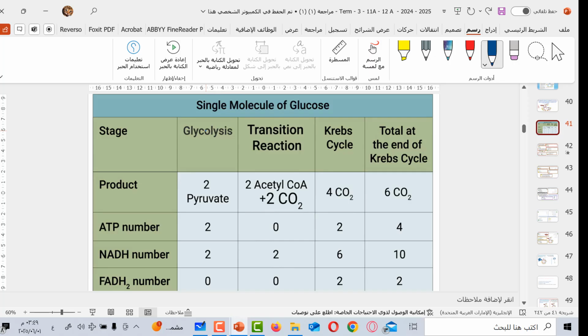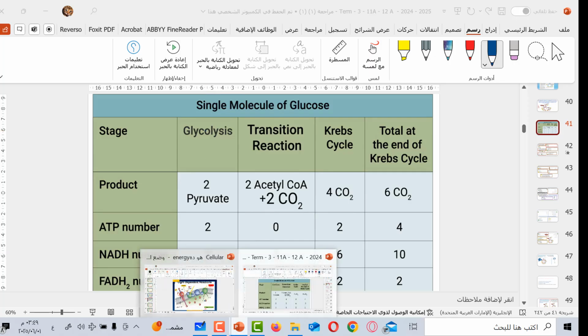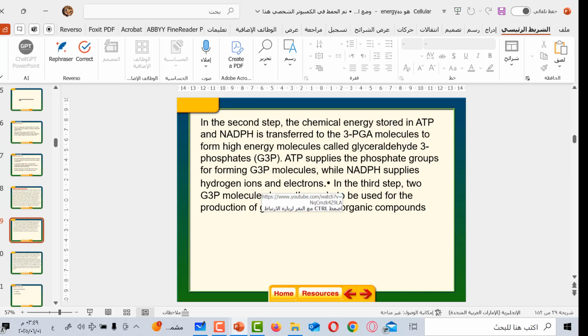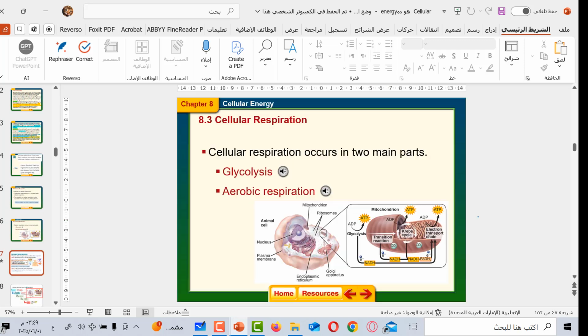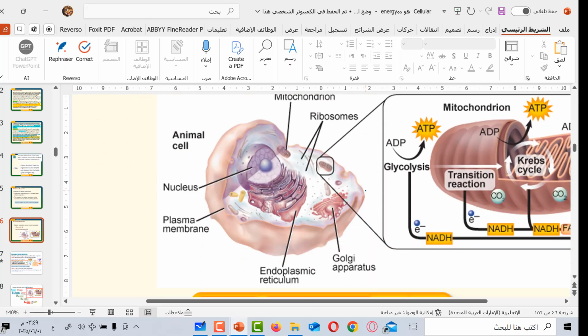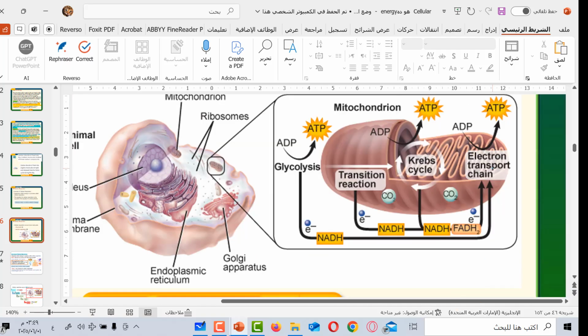Outside the mitochondria. If you see this picture, make it bigger, glycolysis happens in the cytoplasm. After that it goes inside the mitochondria.